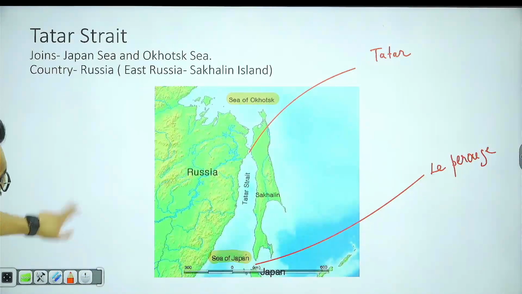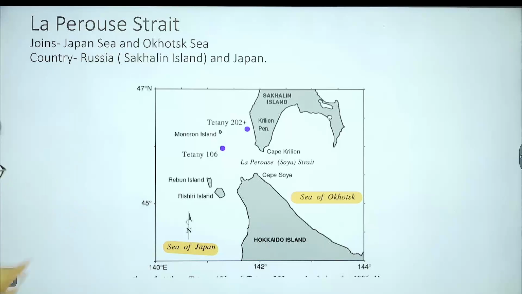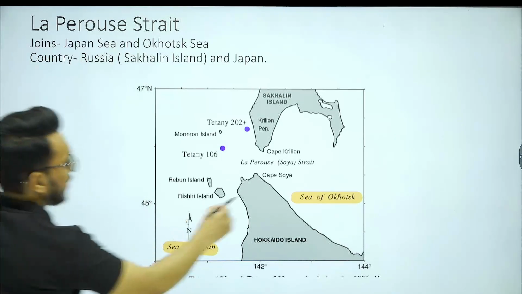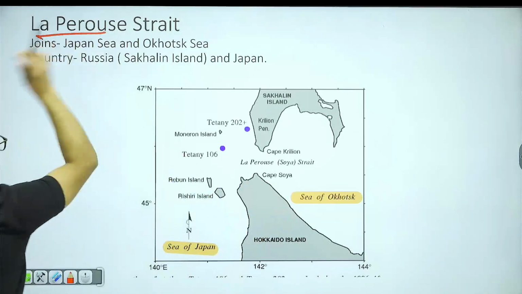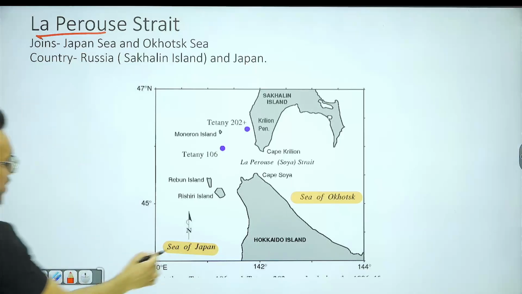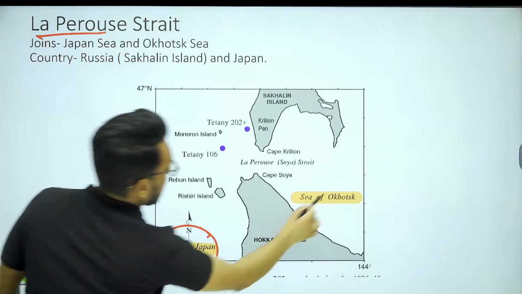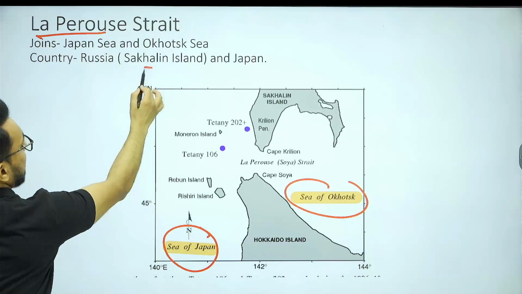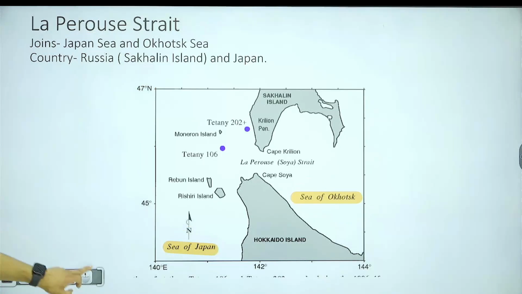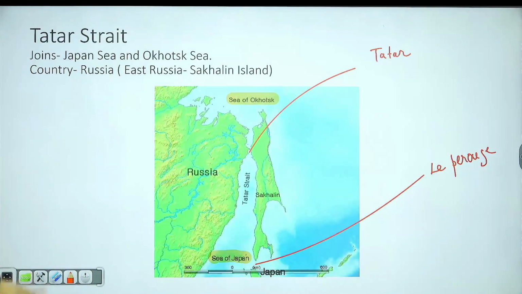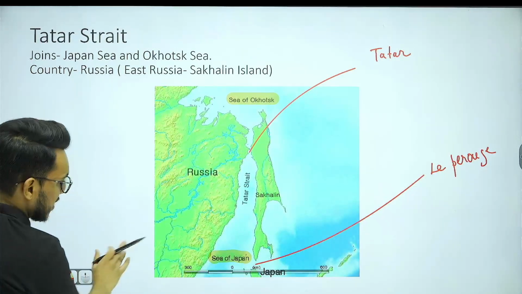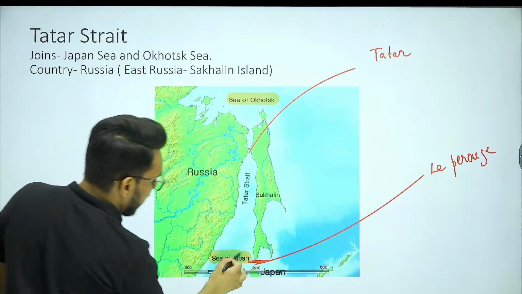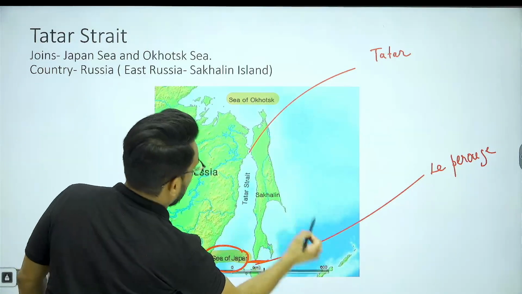Then here towards the south we have La Perouse. Now what does La Perouse do? It connects the Sea of Japan and the Sea of Okhotsk.